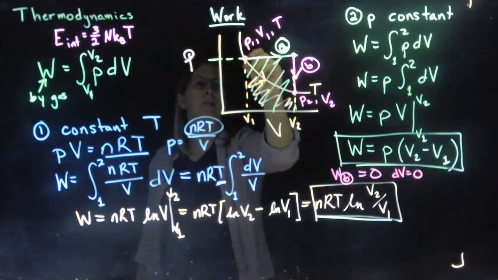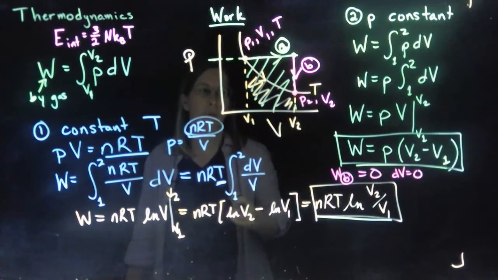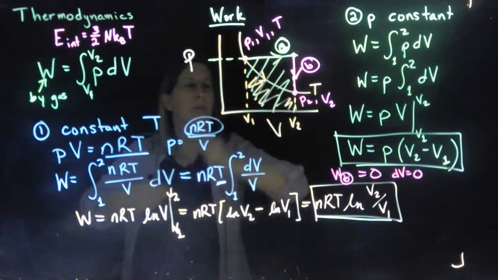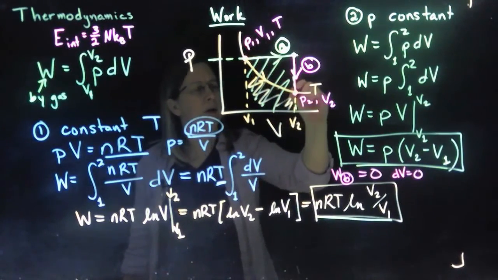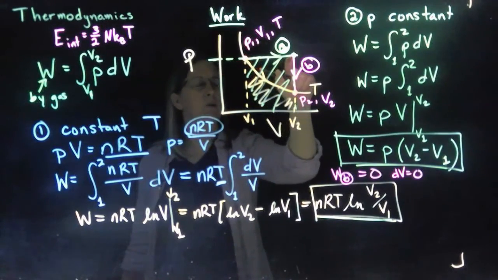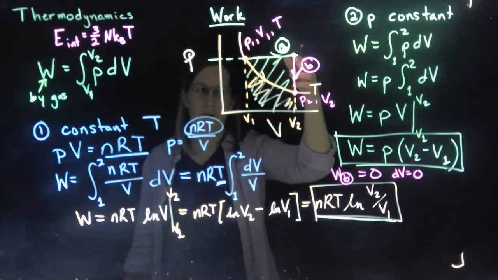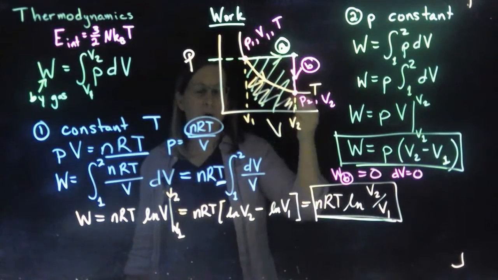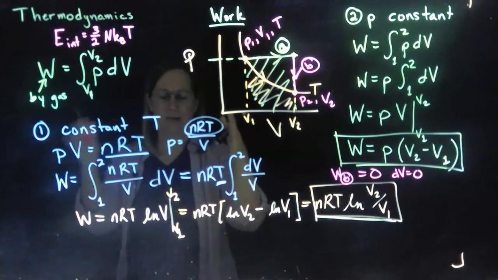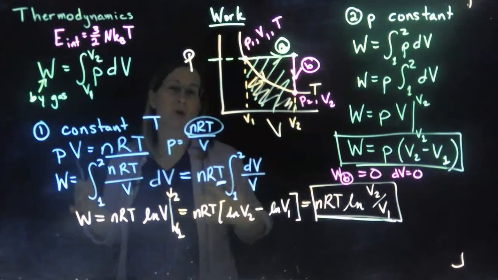So we can get from point 1 to point 2 two different ways with two different amounts of work. We can go along the isotherm, the constant temperature, and we get this amount of work. Or we can hold the pressure constant, increase the temperature, and then, this is a weird one, we hold the volume constant. On our piston, we hold it sealed at the size that it is, and then we reduce the temperature, which reduces the pressure inside.